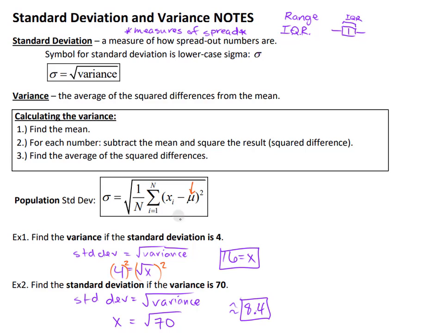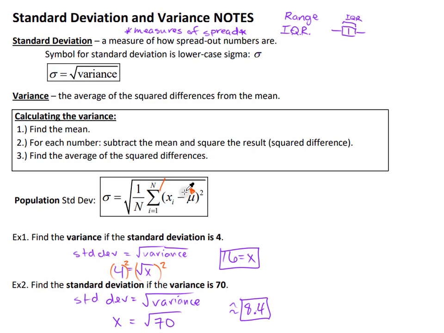All of these symbols, this is the population mean, or the mean of the population. That symbol's called mu. I'm not very good at drawing mu. It's like a U, but with a long end over here. Anyway, so that's called mu. That's the population mean. This is each data piece. So it's the data piece minus the mean. That's what we did. We squared that answer, right? And then we added them all up.